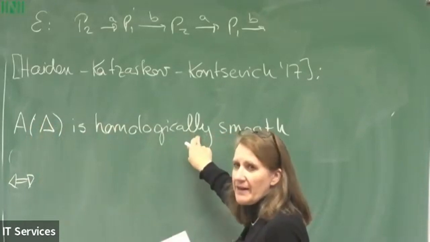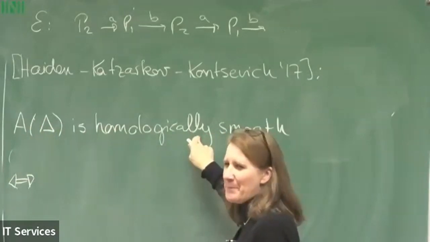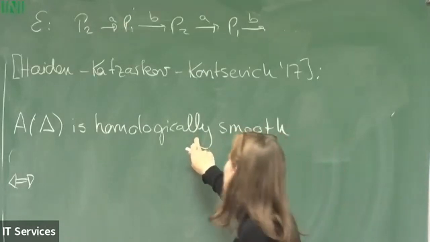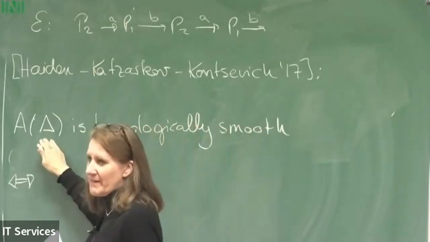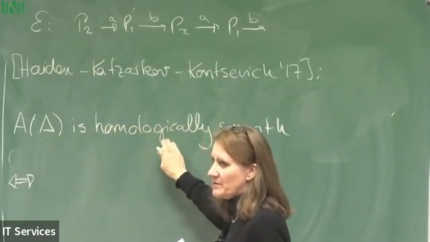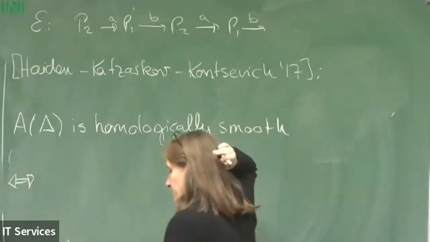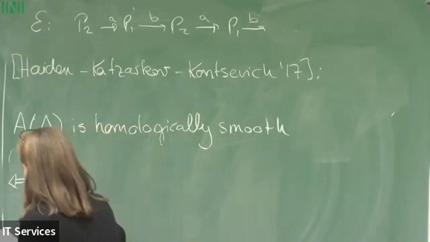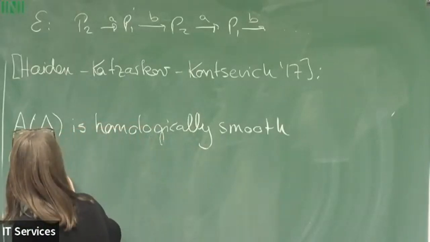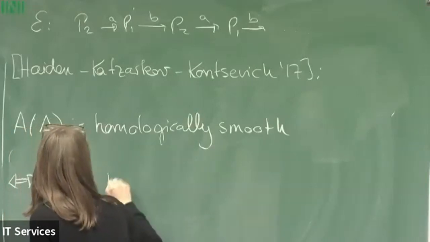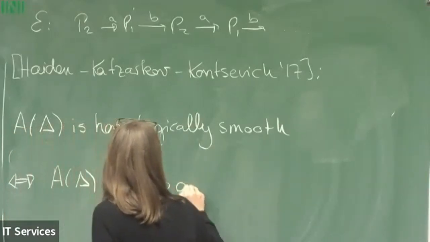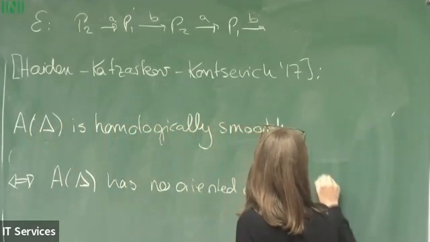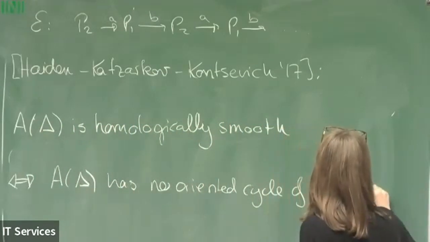It means that A is perfect as a bimodule, or it has a finite projective bimodule resolution. If your algebra is zero graded, then this means the global dimension of your algebra is finite, at least in the case of Gentle algebras. And this is the case exactly if A delta has no oriented cycle of what people generally call full relations.